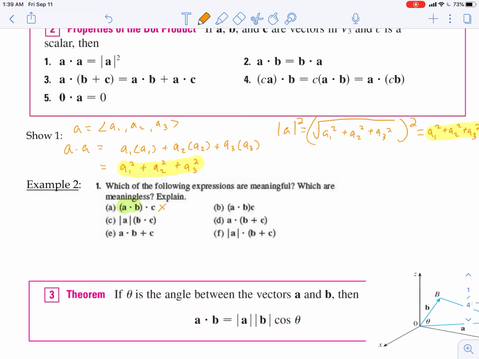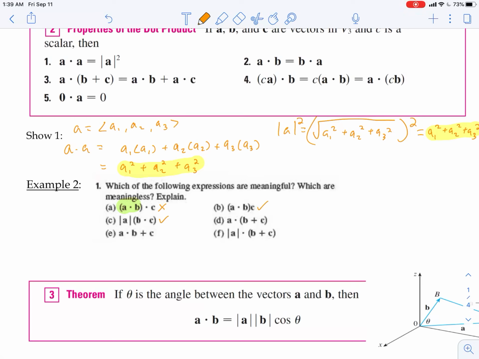We did that on the first day. So that's meaningful. For C, we have the magnitude of A, or the distance of A, which is a scalar, and then we're multiplying that scalar times a dot product of B and C. Because the dot product of B and C is also a scalar, it's like multiplying two scalars. So therefore, that is meaningful.